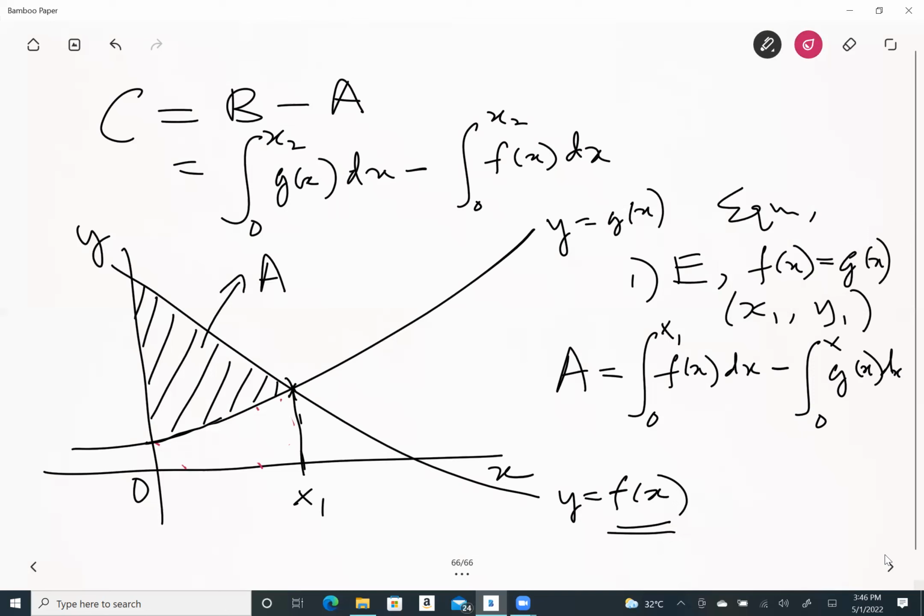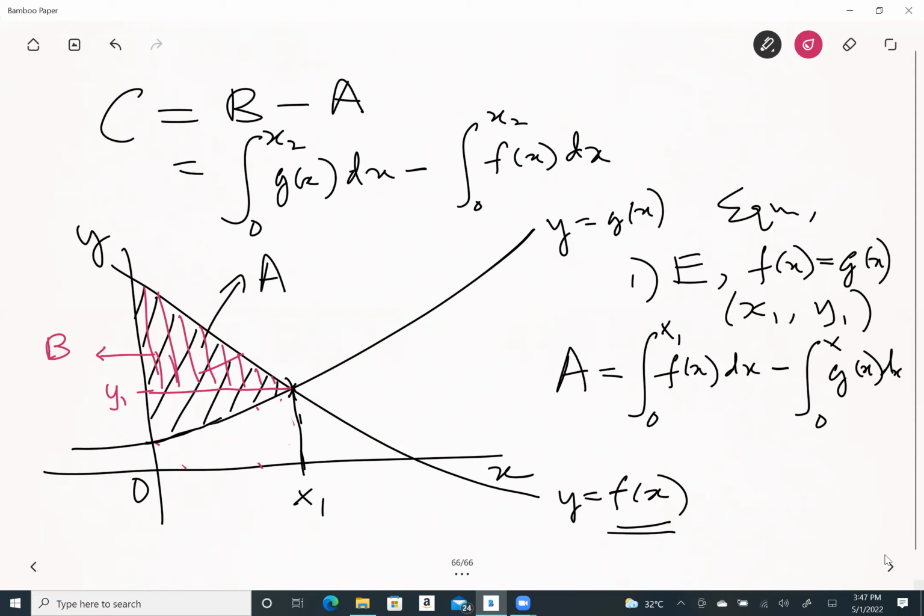Now, suppose I want to find, so when you get the equilibrium, you get that y1. Now area A is the whole thing, okay? Now I want to find only the one that I shaded in red. Call that area B. I want to find out area B. Okay, look at the graph.